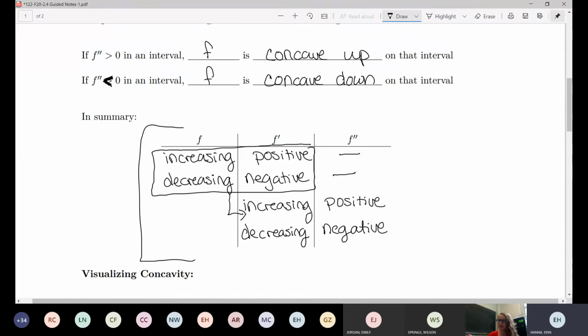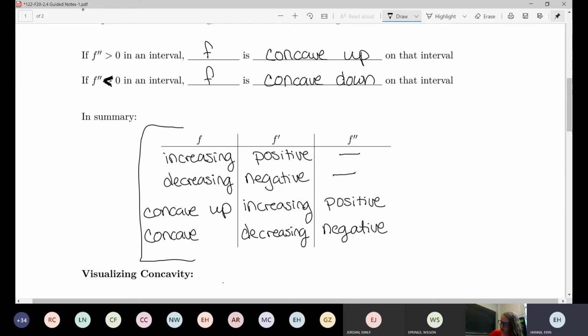So it's like that same idea, just shifted over a little bit. And this is where we have a bit more information because we were just told if the second derivative was positive, we have concave up for the original. And then concave down if the second derivative is negative.